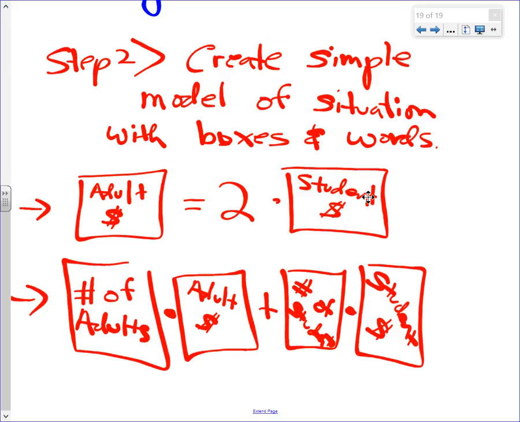Look at this. Number of adults times the price of the adult, that'll give you the money you get just from adults. That's obvious. Plus the amount of money from the students, number of students times the price of the student ticket, that's going to tell you how much money you got from the student tickets. That's going to equal, look at, total cash. I'm going to put total cash.